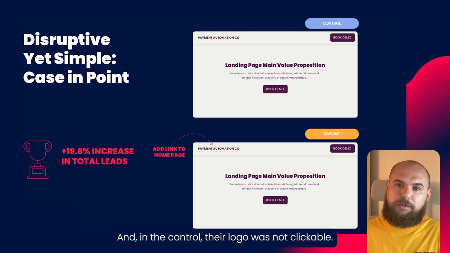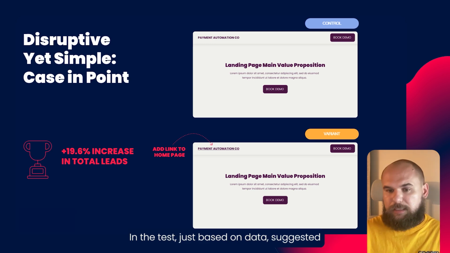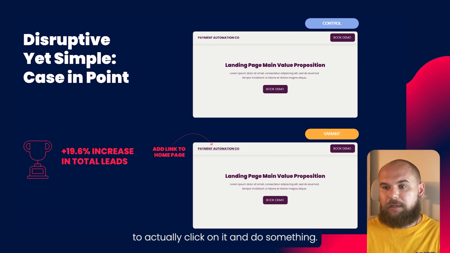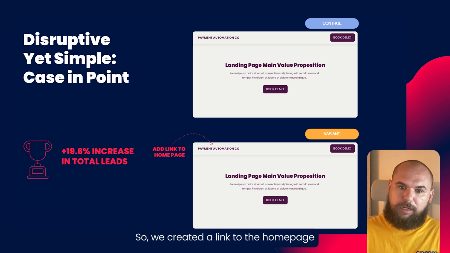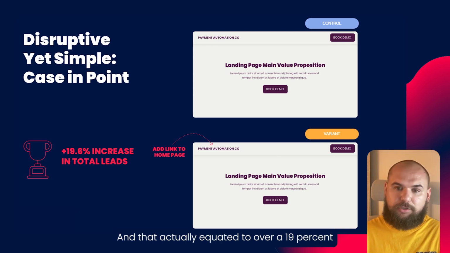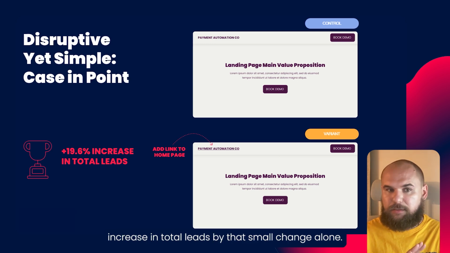And in the control, their logo was not clickable. In the test, just based on data, suggested that maybe we should be allowing users to actually click on it and do something. So we created a link to the homepage if they clicked on the logo itself. And that actually equated to over a 19% increase in total leads by that small change alone.